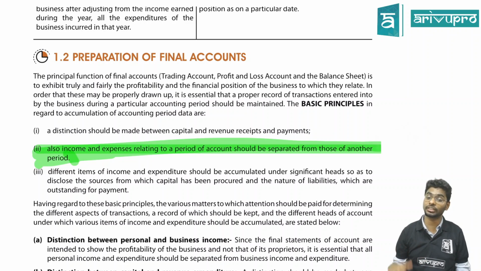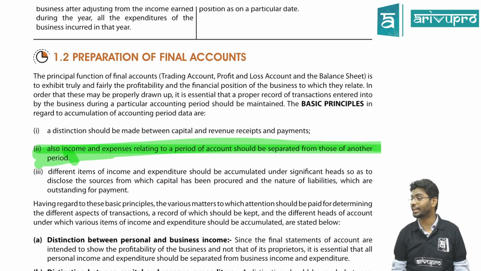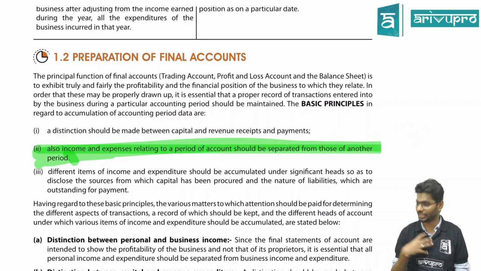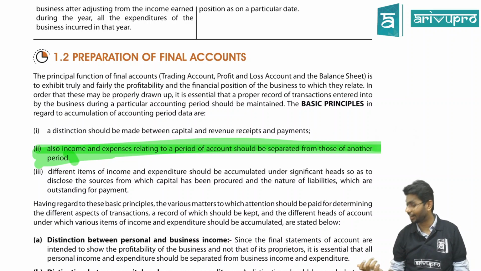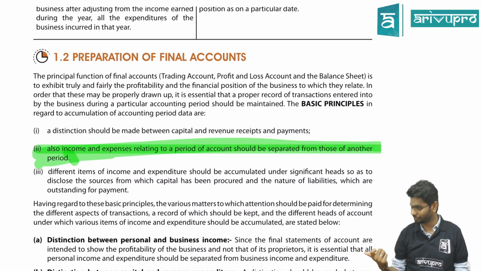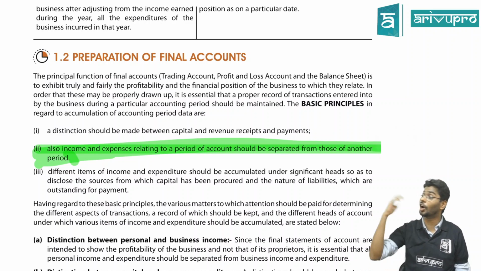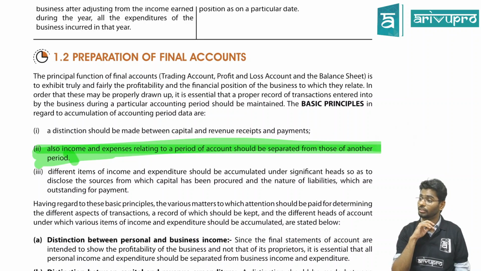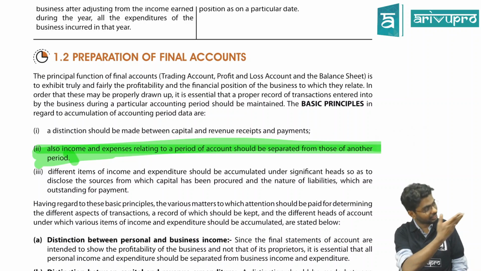Only what is meant for this period will be considered for finding out the profit or loss. You remember? Accrual concept says all the income and expenditure which has accrued in a particular period has to be recorded irrespective of the receipts or payments. Matching concept says all the income of a particular year should be matched with the expenses of that accounting period to find out the profit or loss. That is what we are doing here.